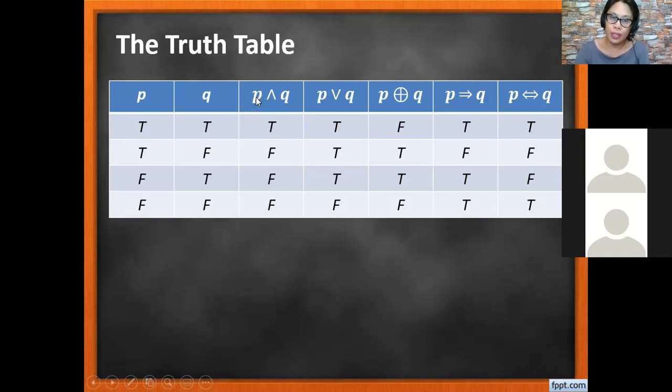This is read as P and Q. Now, P and Q is true if both P and Q are true. So statement P is true here and statement Q is true. If we combine the two using the connective and, P and Q has a truth value equal to true.